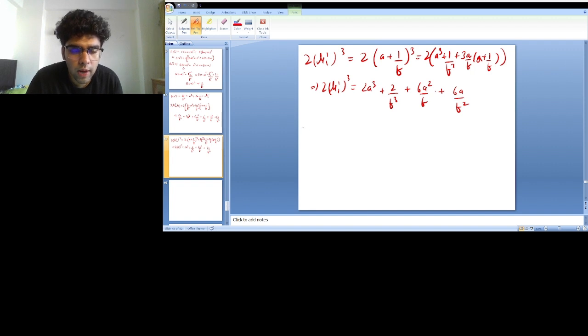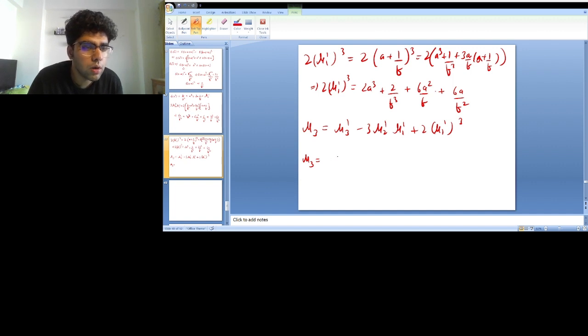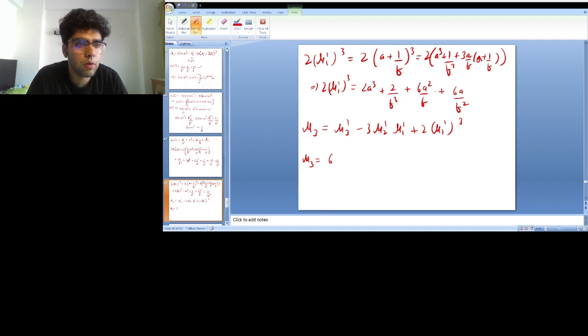So applying this formula, my mu 3 is mu 3 dash minus 3 mu 2 dash mu 1 dash plus 2 times mu 1 dash cube, right? So applying this formula gives me mu 3. Let me just check what my mu 3 dash was. It was this term right here.